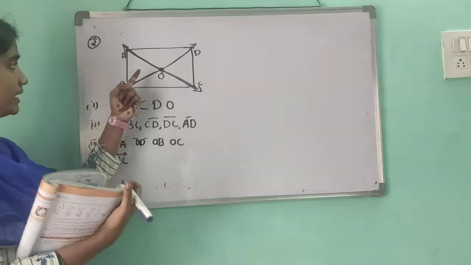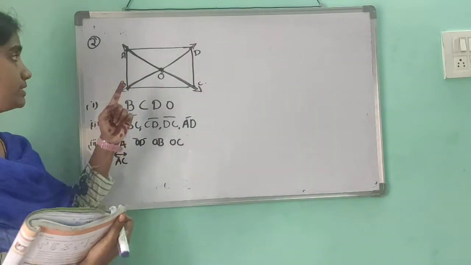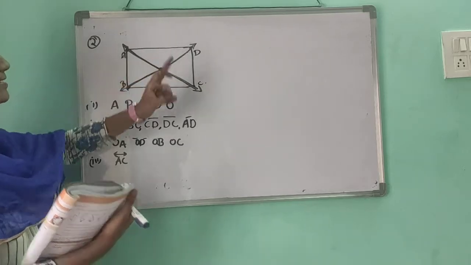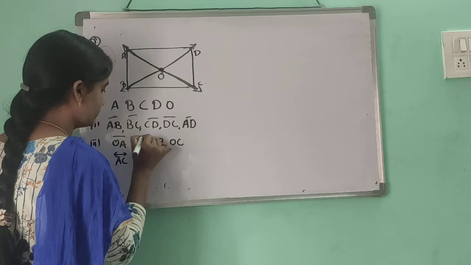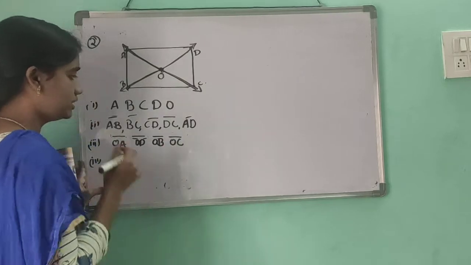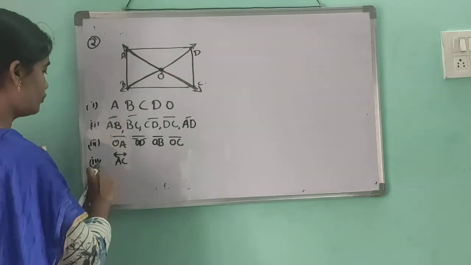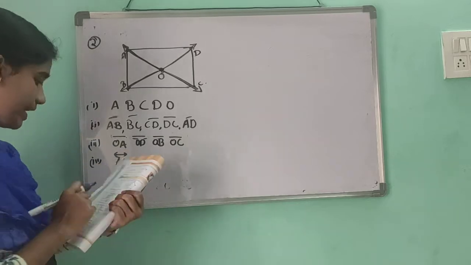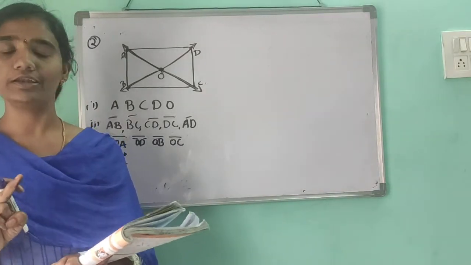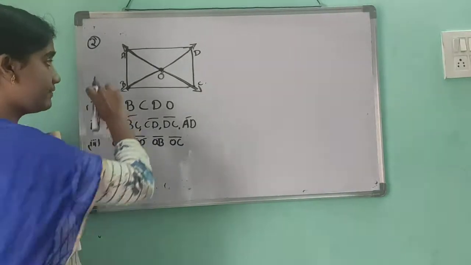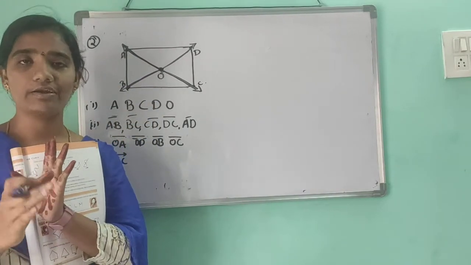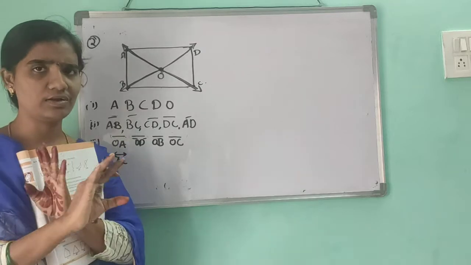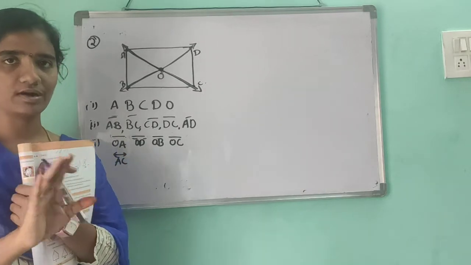Third one, write any 3 rays. 3 rays means we start with 1 point and it does not have any end. That means we say AB, AC, AD. Okay. Coming to the fourth one, write any 2 lines. What is a line? It does not have any end.